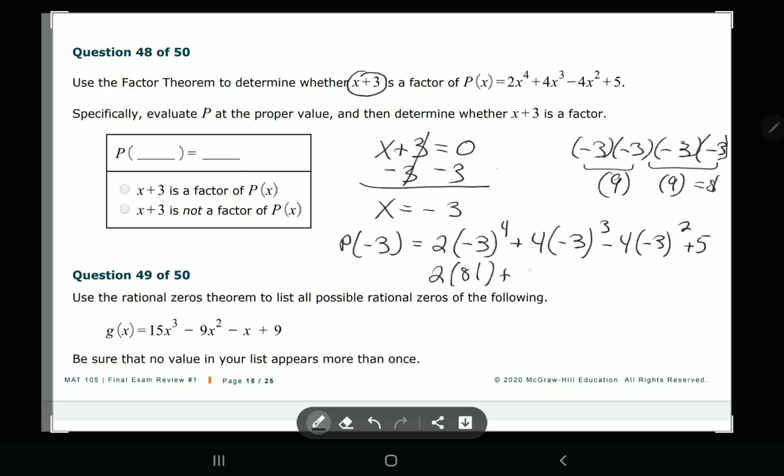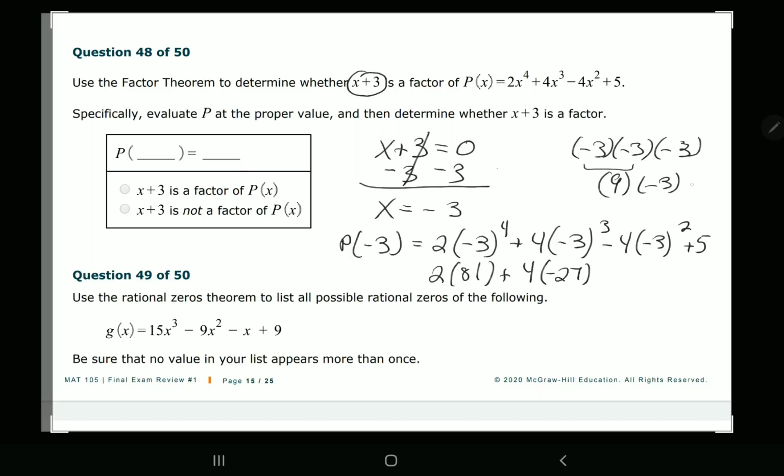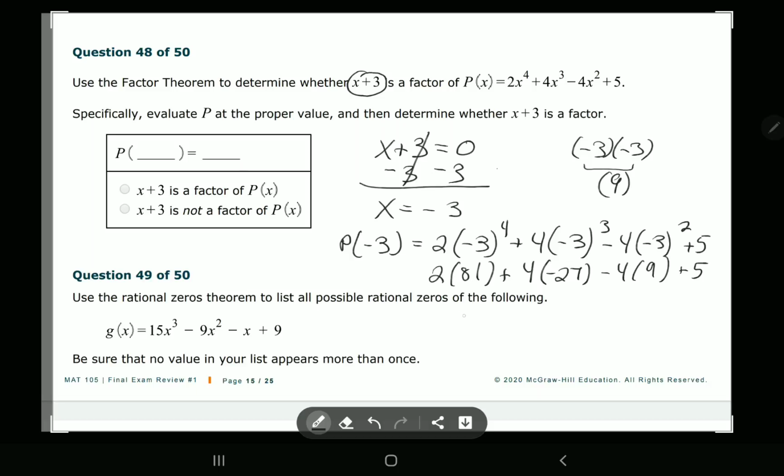Negative 3, that quantity raised to the 3rd power, is going to be negative 27. If you get rid of 1 of the negative 3's right there, that'd be positive 9 times negative 3, which is negative 27. Then minus 4 times negative 3, that quantity squared, as we did up there. That's going to be positive 9, plus 5. 2 times 81 is 162. 4 times negative 27 is negative 108.